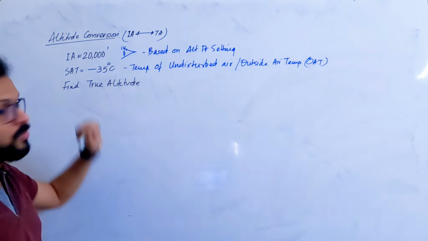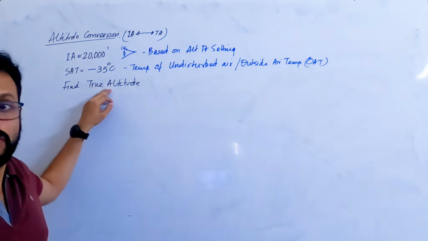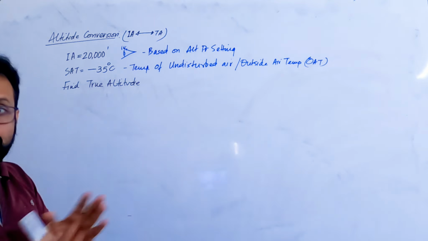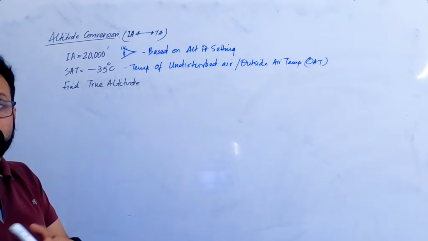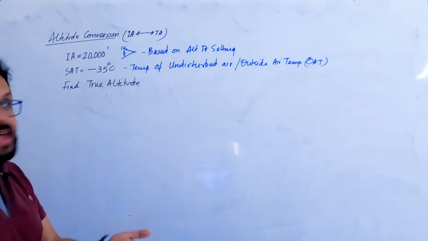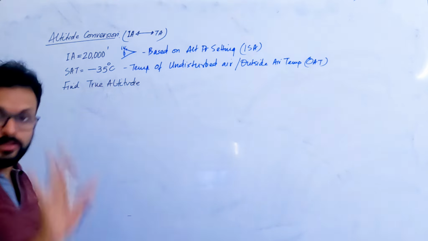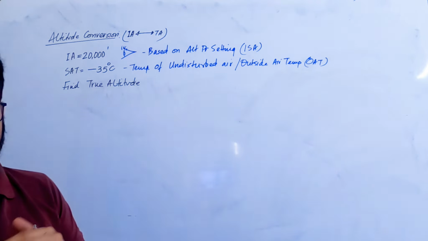Now, you're asked to find out true altitude. You are given indicated altitude. Why do you have to find true altitude? Because the conditions may change. Indicated altitude is what is indicated by the altimeter, and the altimeter is always calibrated for ISA conditions. The altimeter is going to indicate to you with respect to those ISA conditions, but the actual altitude might be different.